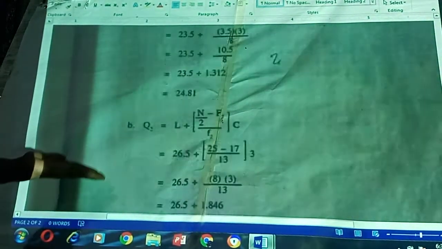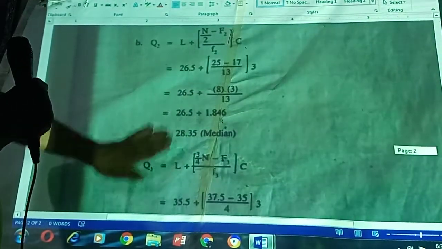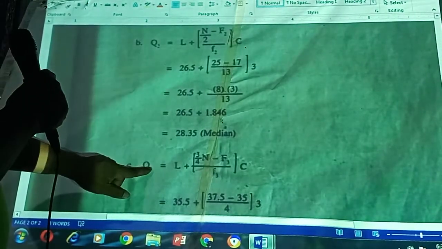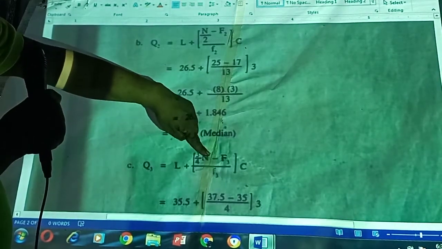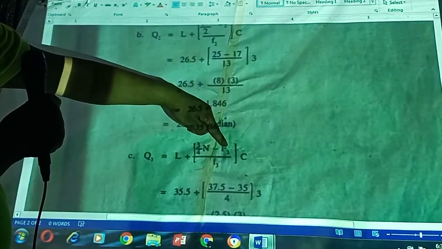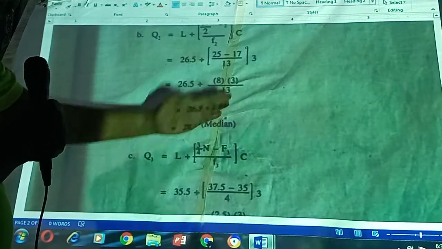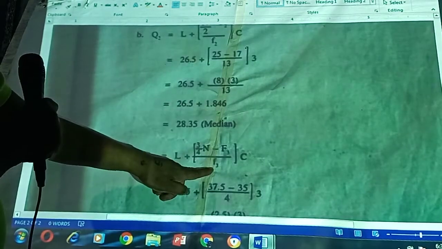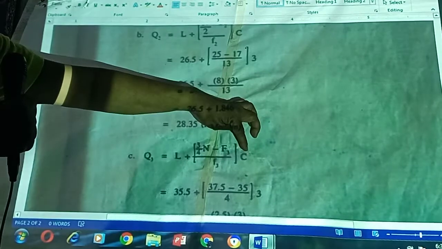We already know how to compute the median, so let's proceed to the third quartile. It is the lower class boundary plus 3 times the number of items divided by 4, minus the big F3, the cumulative frequency preceding where Q3 lies, divided by the small f3, the frequency where Q3 lies, times the class interval.